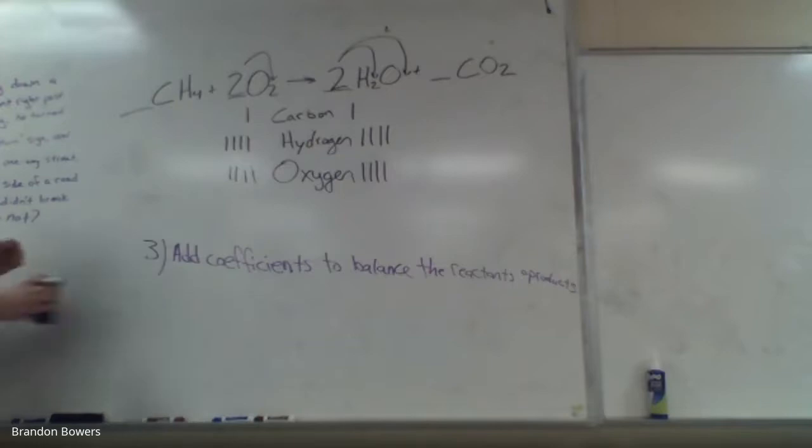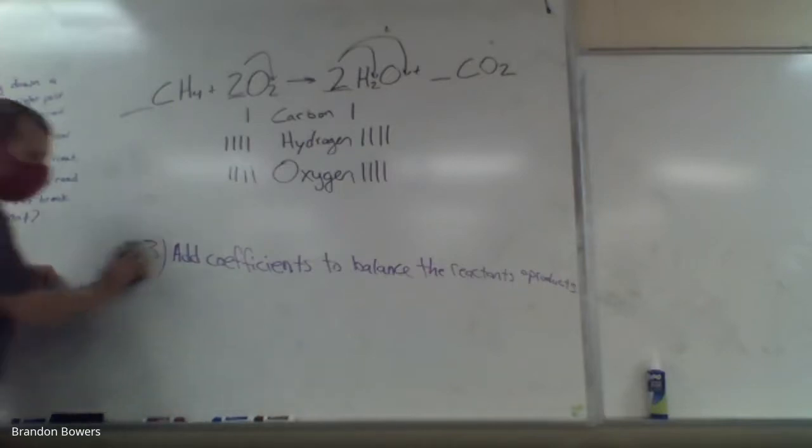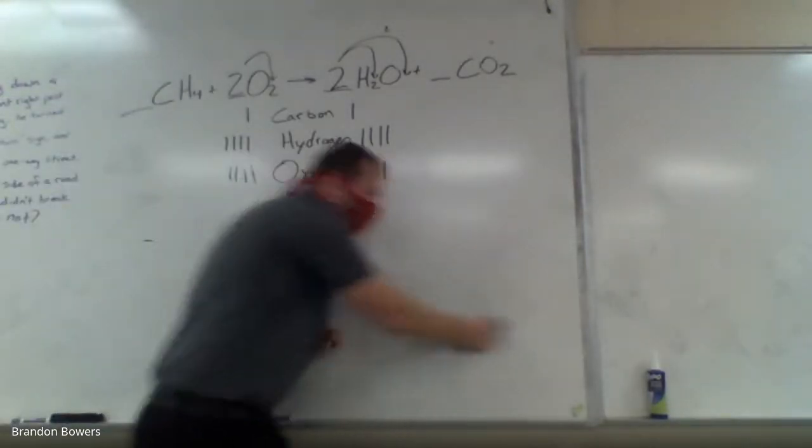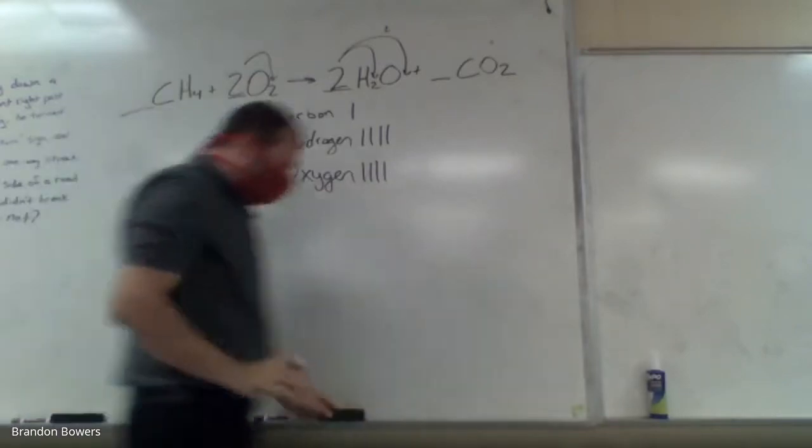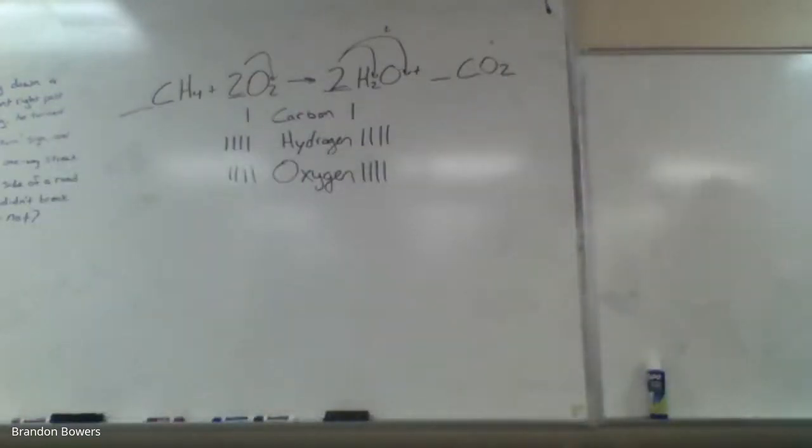Okay. So what we're actually going to do today, I'm going to erase this bottom part. What we're going to do today is we're going to visualize how to balance these equations and what it actually kind of looks like. I feel like if we understand that part, we'll be able to do the rest. Okay?